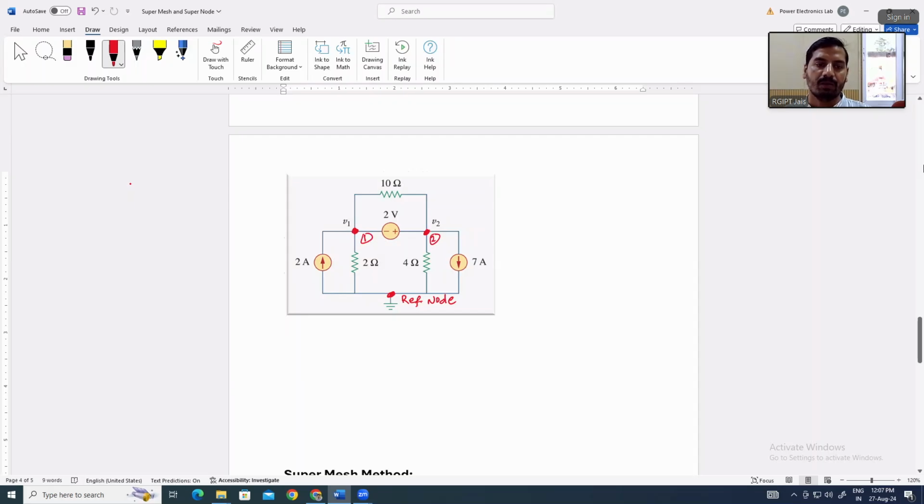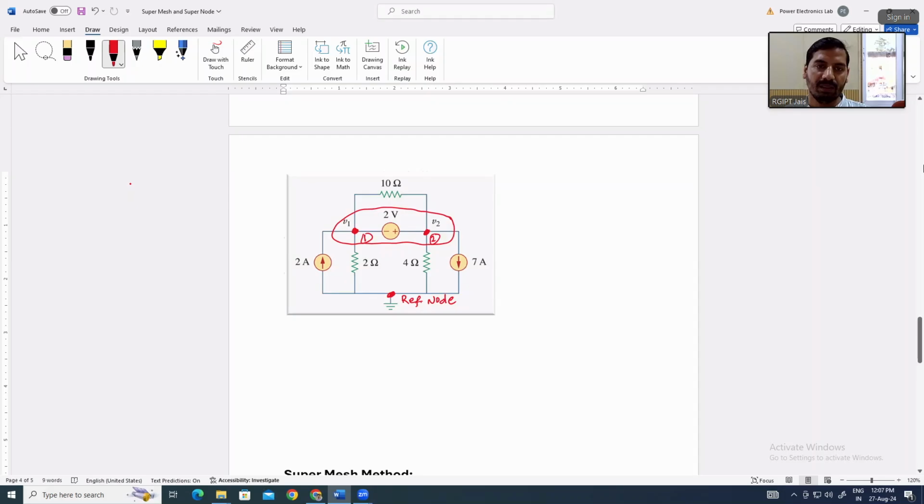Okay, so I told you yesterday that the super node method is helpful in a circuit where, if you see, between two nodes there is a voltage source connected. Between node 1 and node 2 there is a voltage source. So as per the super node, we take this combined unit as a single node, a super node, and we apply KCL.